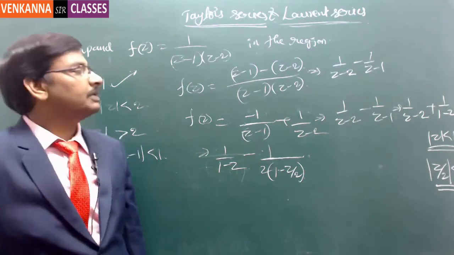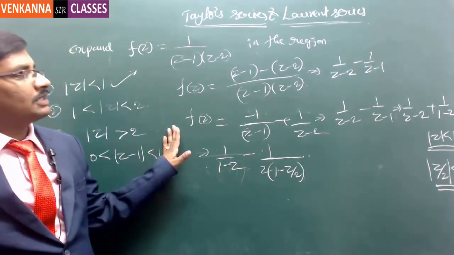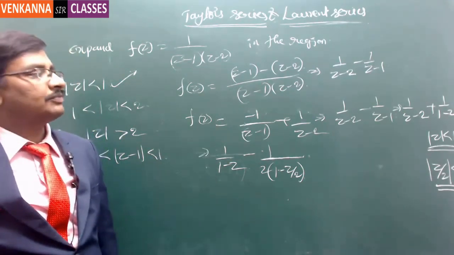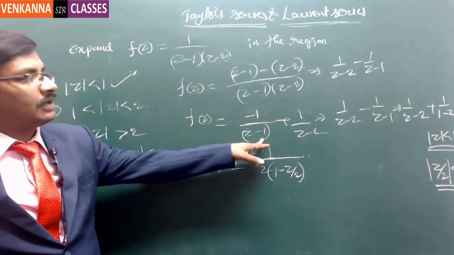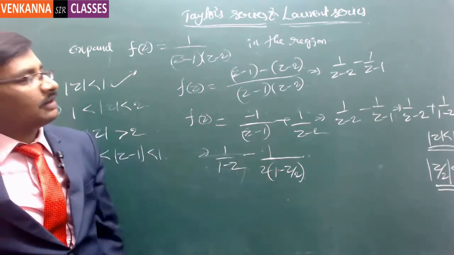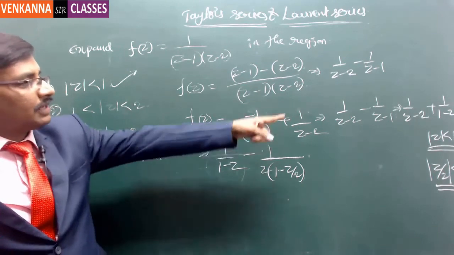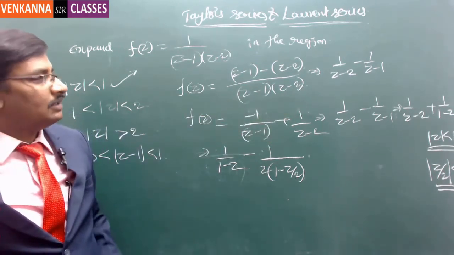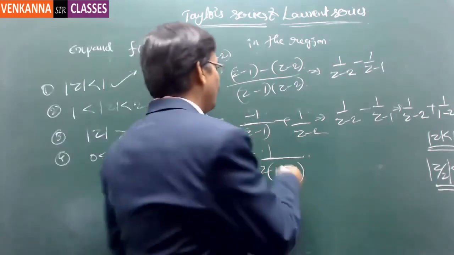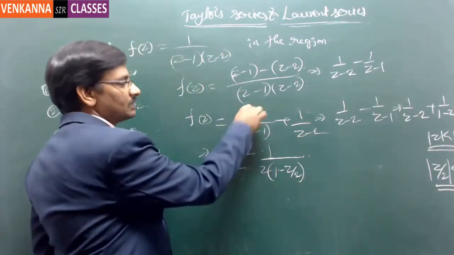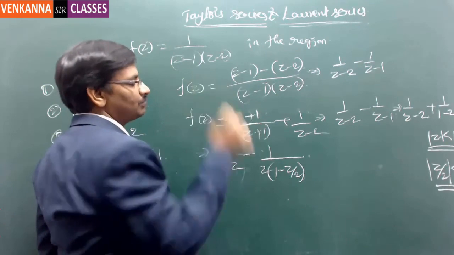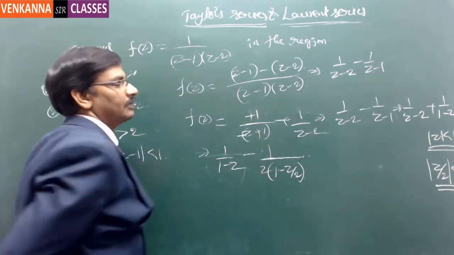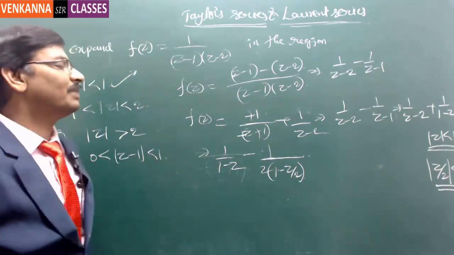See this. First I did the partial fractions and then I got this value. Then I simplified that format and wrote 1 by z minus 2 plus 1 by 1 minus z. So here I made this minus and this plus. That is how I have written it, multiplied with minus 1 top and bottom.